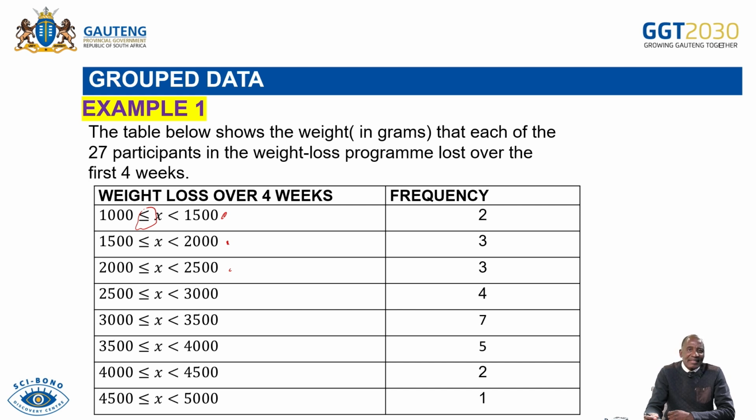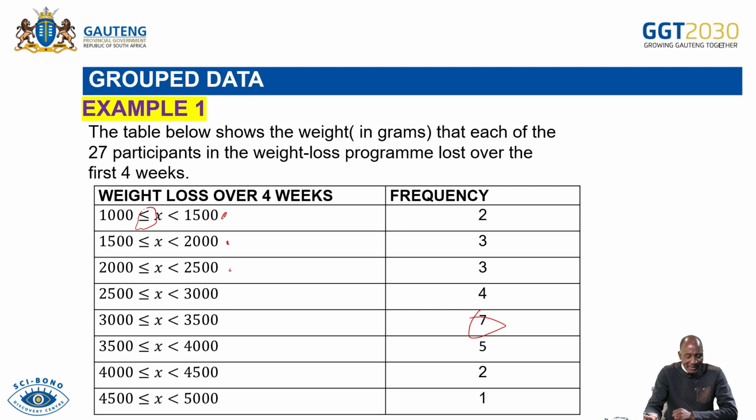In the next class, the frequency is 3. In the third class, the frequency is also 3. In the fourth class, the frequency is 4. In the fifth class, that's where we are recording the highest frequency of 7. In other words, between 3,000 and 3,500, including 3,000, we had 7 participants who lost between 3,000 and 3,500 grams of their weight.